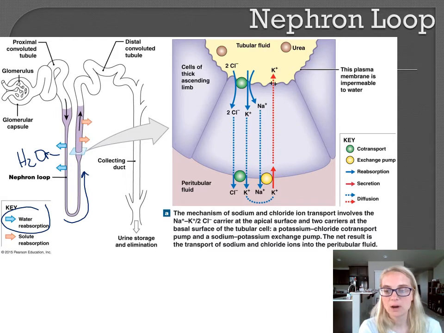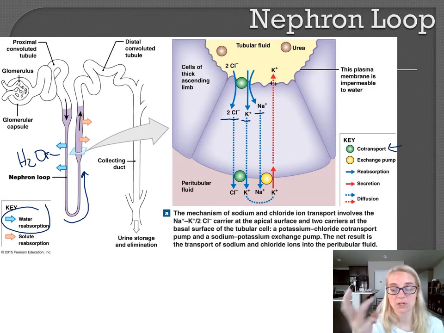So we can see our green little circles are co-transport. So if we take a look, we are reabsorbing chlorine ions, potassium ions, and sodium. And so in this particular co-transport, 3 ions are being co-transported from the tubular fluid into the cells. They diffuse, and then we get some co-transport with chlorine and potassium and some active transport with a sodium potassium pump.